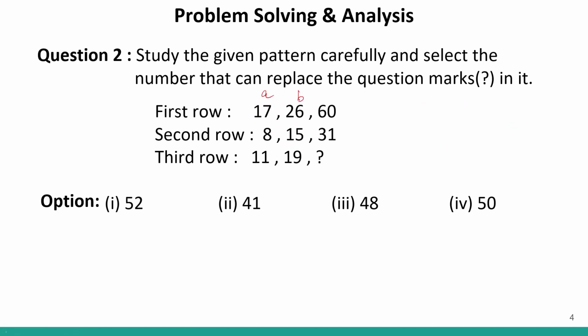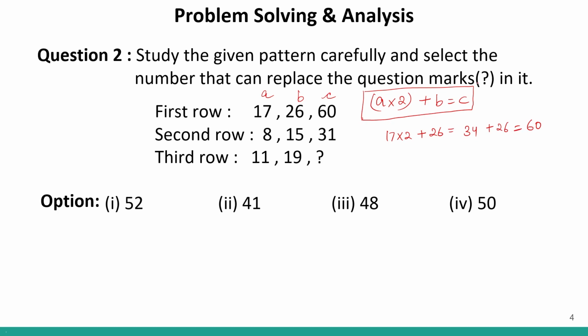So this is A, this is B, and this is C. So if I write A into 2 plus B is giving me C, I am interpreting that this is the logic. Now let us check. So 17 into 2 plus 26. 17 into 2 is how much? 34 plus 26. So this will be equal to 60.